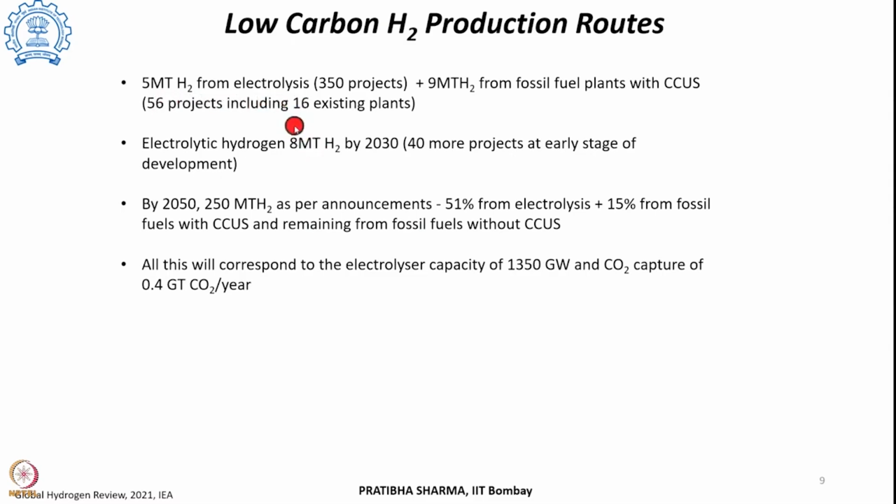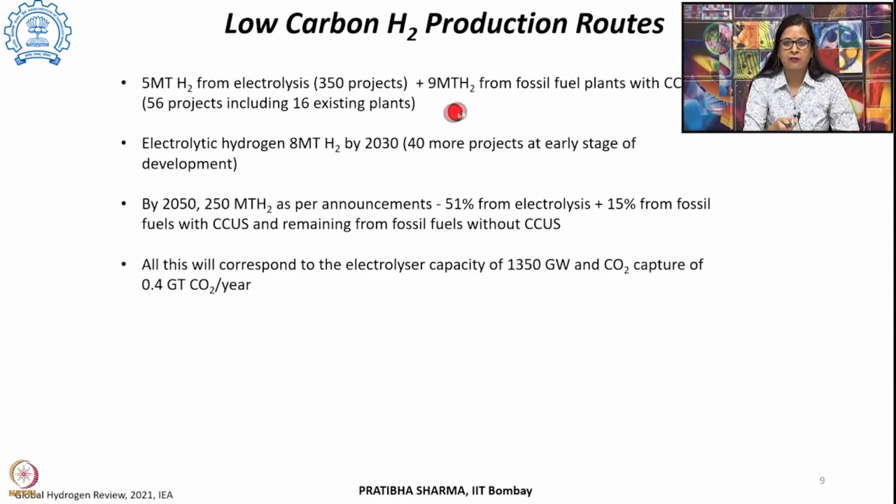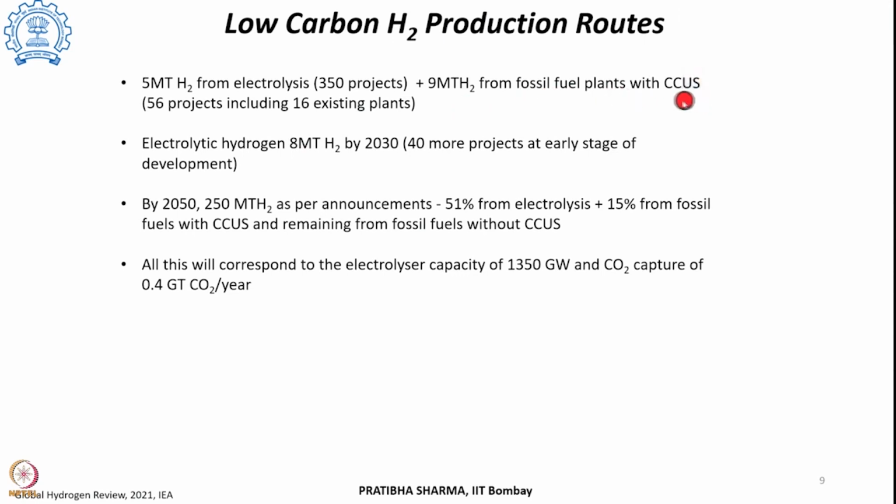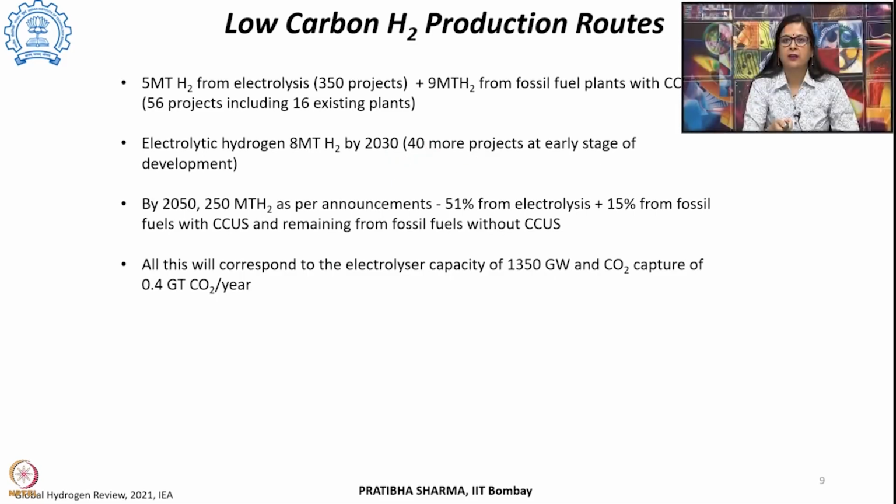There are currently 16 fossil fuel based plant with CCUS, and total that will account for 56 such projects where the production of hydrogen from fossil fuels integrated with CCUS will account for 9 million tons of hydrogen being produced by 2030. Now if we also include 40 more projects which are currently globally at an early stage of development, then the electrolytic hydrogen production capacity can increase from 5 million tons to 8 million tons by 2030.